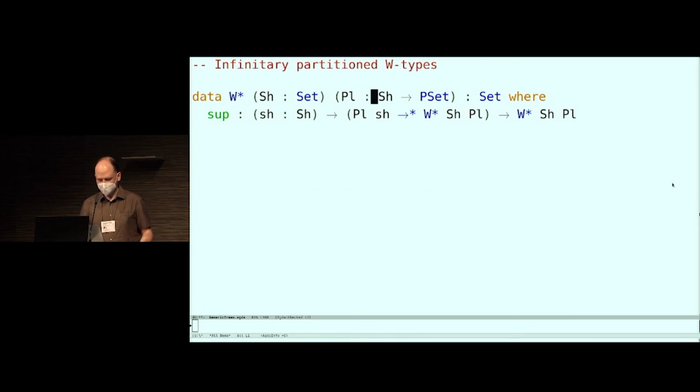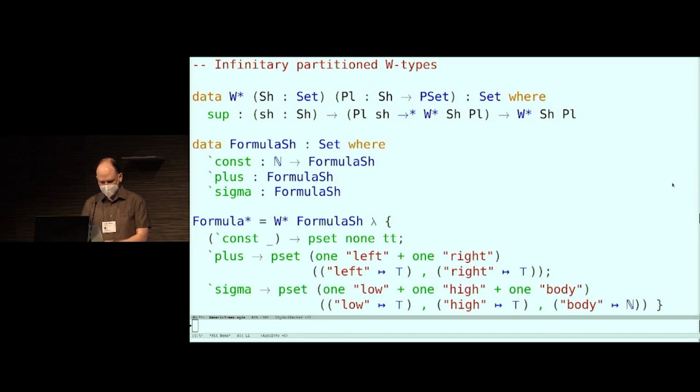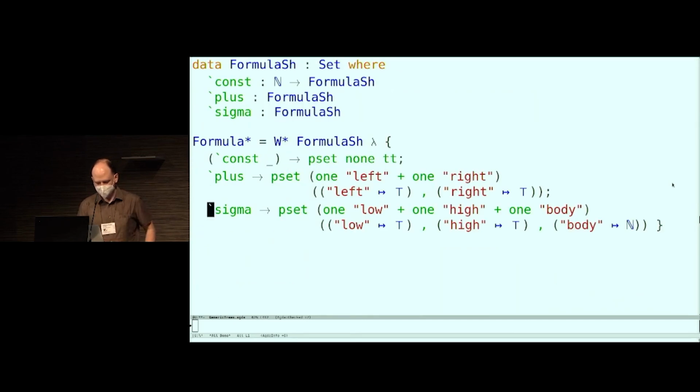Here, the set of places of a type is given by a partitioned set, and the subtrees are given by a partitioned set of trees. Then we can write the formula type, and the important thing is that for the sigma constructor for formula types there are exactly 3 partitions, and the elements of each partition: the low only has 1, the high only has 1, and the body has n many of them.